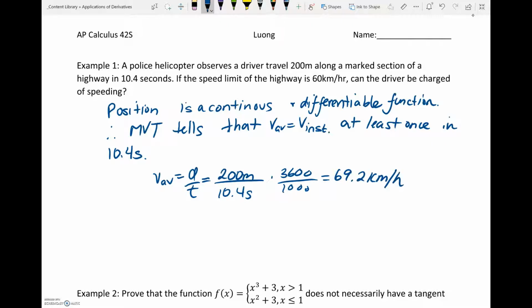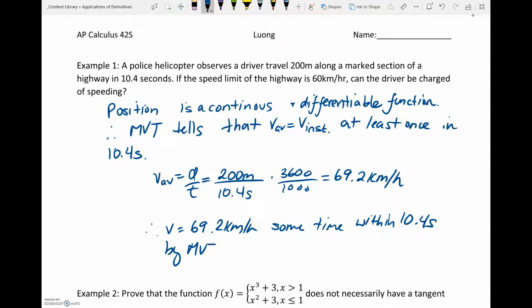So we are clearly over the speed limit here. So by the MVT, our velocity will be 69.2 kilometers per hour sometime within those 10.4 seconds. So yes, the driver can be charged with speeding.